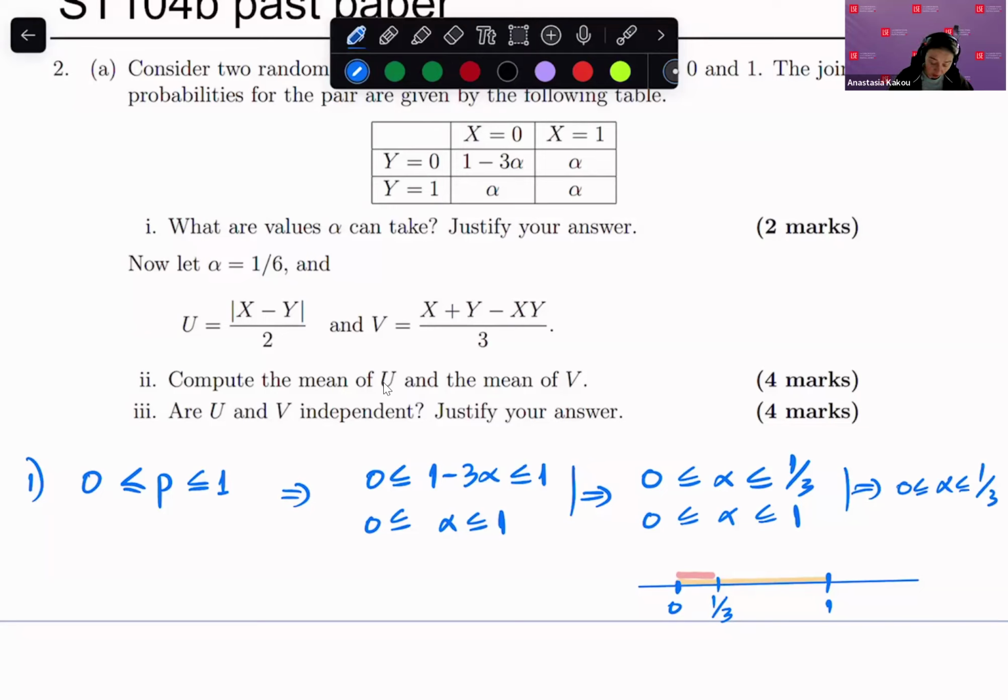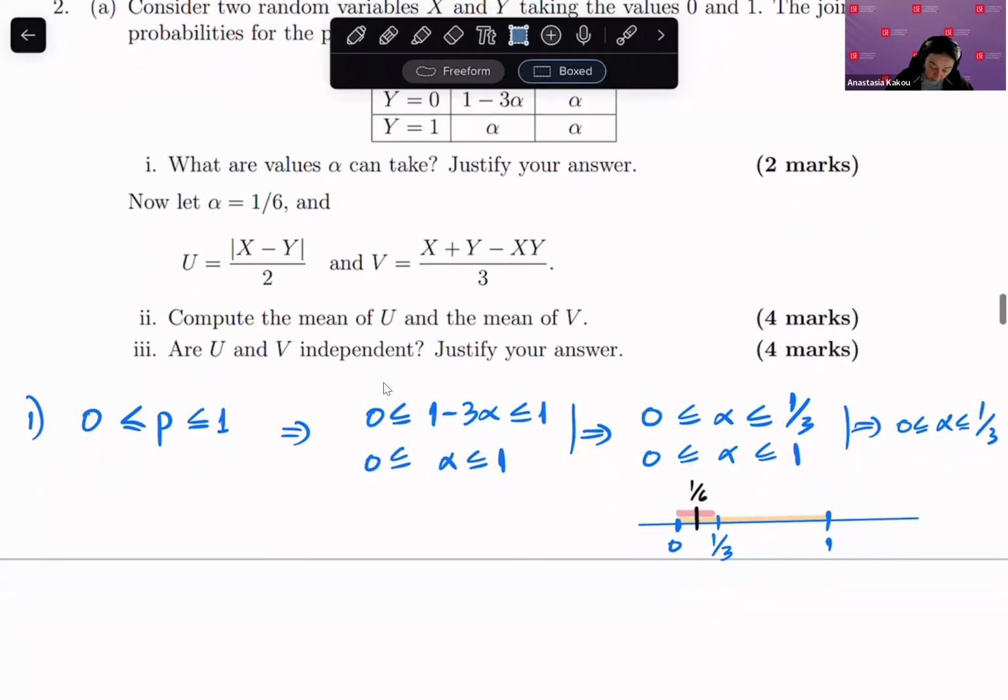And then the next part says, now take alpha to be 1/6. We are allowed to do that because 1/6 is in the range between 0 and a third.